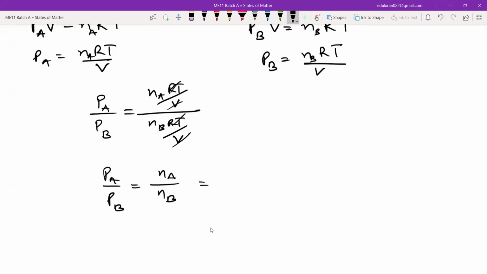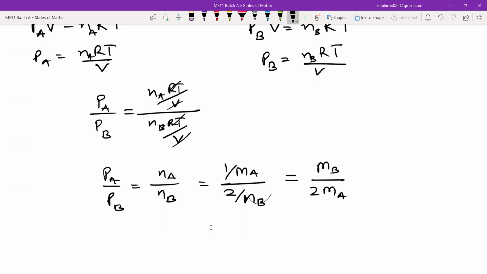Now what is NA? We have seen NA is equal to 1 upon MA. And NB is 2 upon MB. Very good. Now the MB will go up and MA will come down, so this will be MB upon 2 MA. Yes or no?